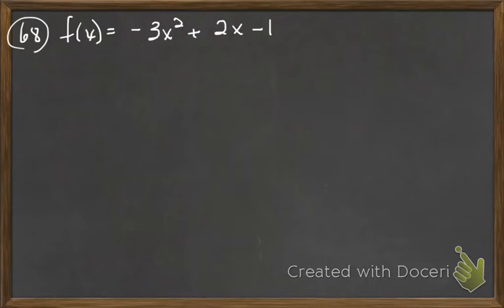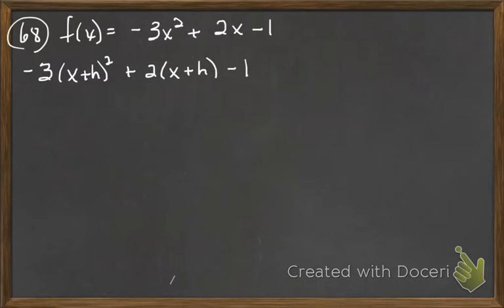The formula says f of x plus h. So wherever we see an x, we're going to substitute in x plus h. So that's the f of x plus h part.